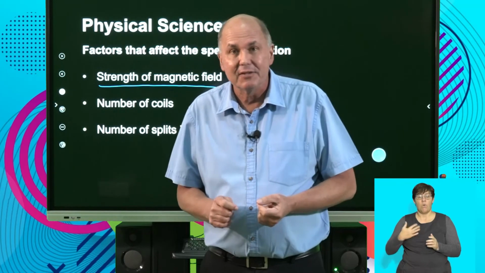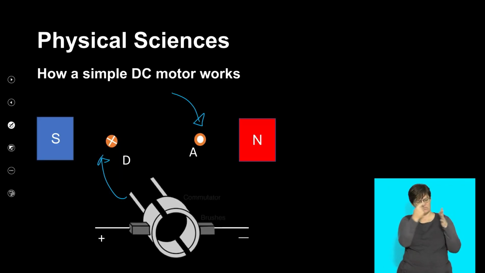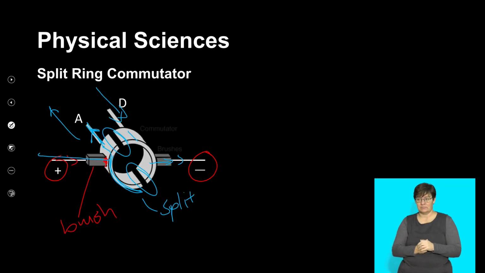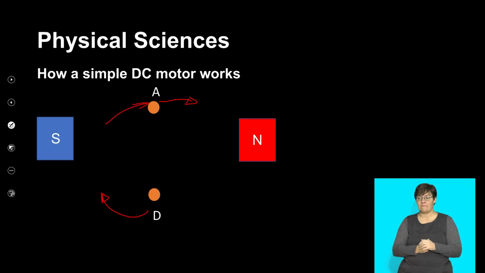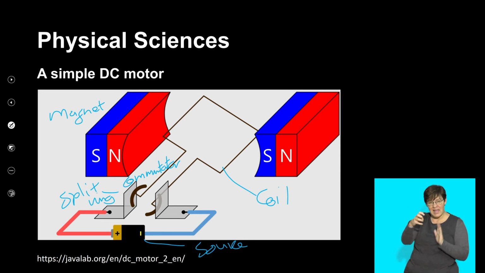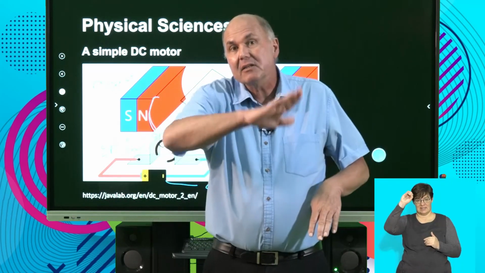But there's something else that I want to just point out on our diagrams. We've shown a couple of diagrams, and I want to just use this particular one back here, over here on our apparatus, on our simulation. Do you notice that this diagram is curved and this one is curved as well? It's done deliberately so that the magnetic field is at 90 degrees as the armature is moving through.